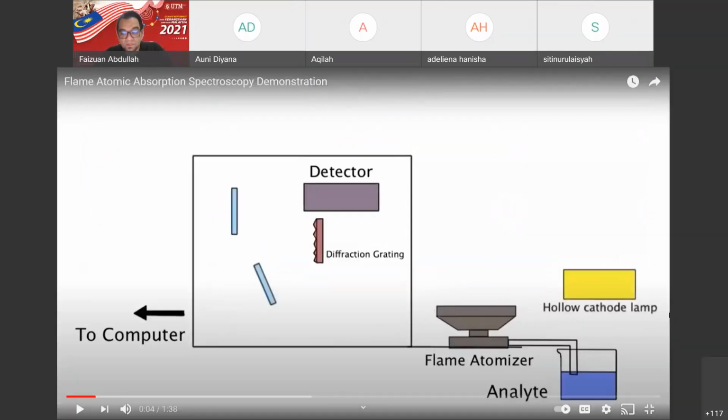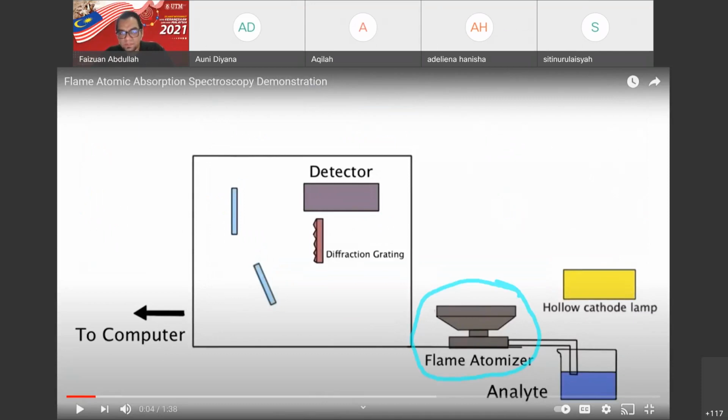So the concept is, we have three important things in AAS. The first one, the name of the instrument is atomic. So what does atomic mean? We have a flame atomizer, if you can see here. What is the function of the flame atomizer?